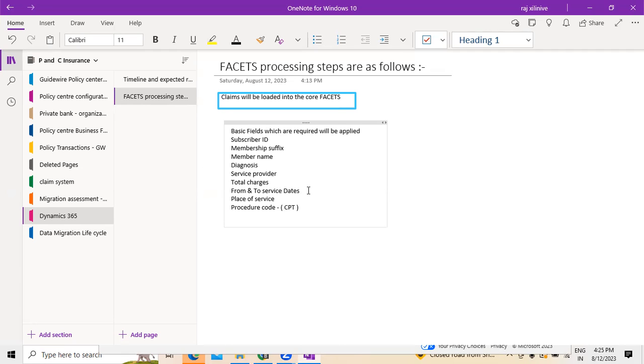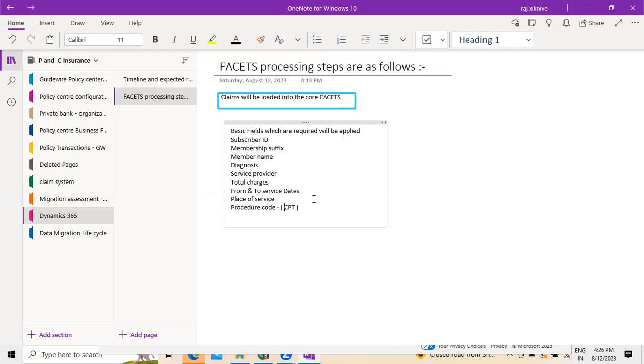When we talk about DX code, that is the diagnosis code, related to medicine and all. But here, initially, we mention the procedure code in this form, to start with. Understood, Mukul? Clear? Yes.